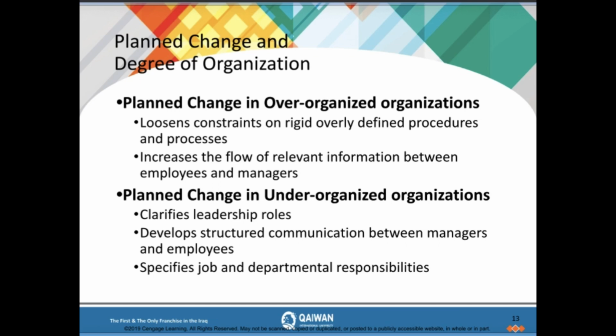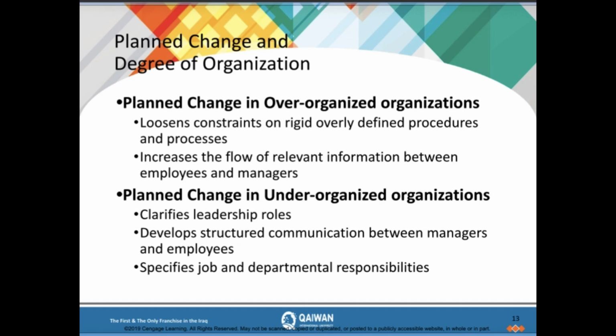And we have planned change and degree of the organization. This is the second type. In an over-organized organization, where procedures are highly defined, planned change often focuses on loosening constraints.